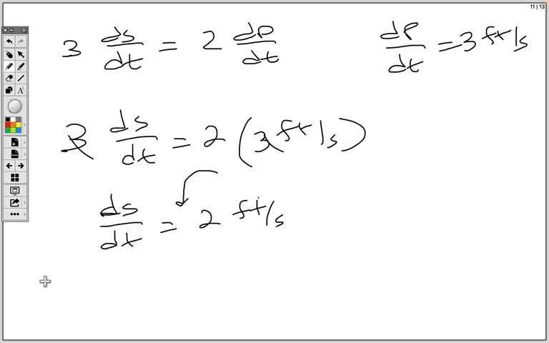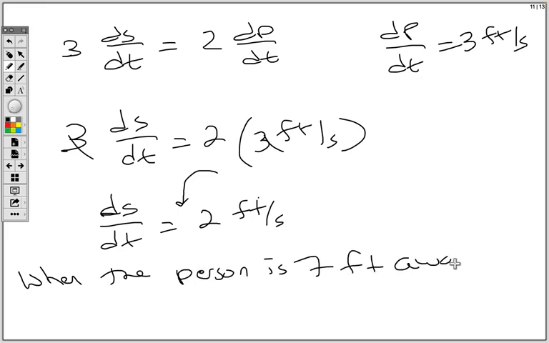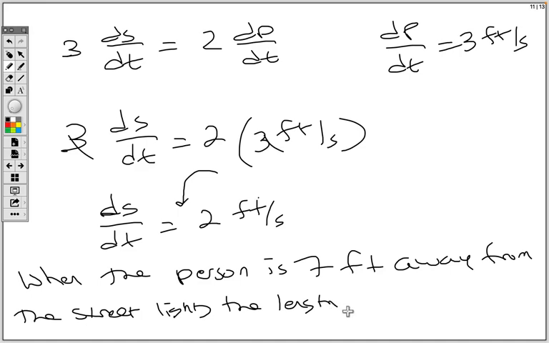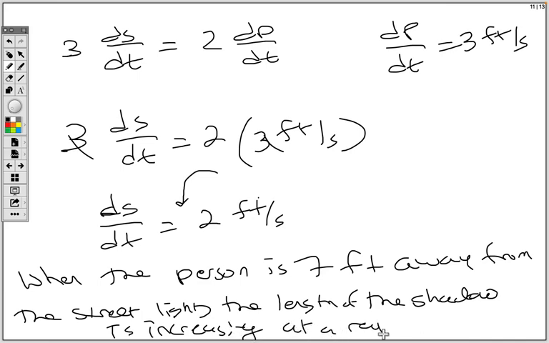So in particular, when the person is 7 feet away from the street light, the length of the shadow is, since we've got a positive there, increasing at a rate of 2 feet per second.